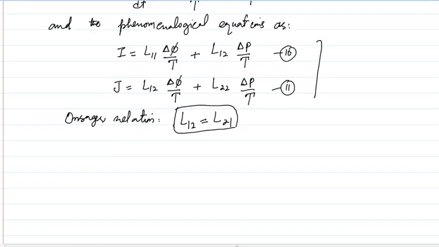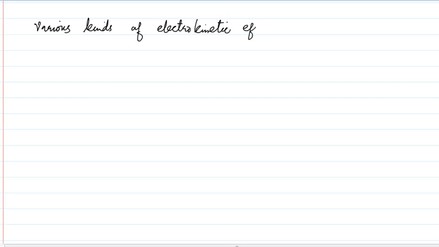Now we will see various kinds of electrokinetic effects.